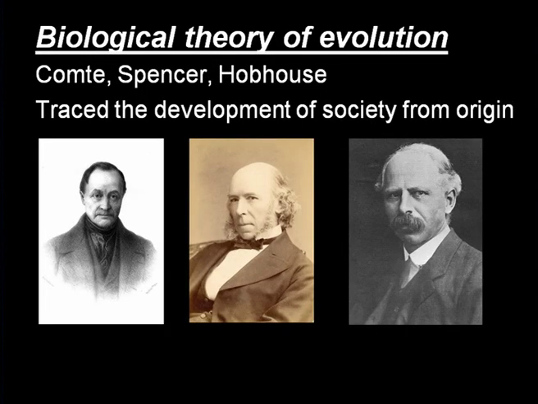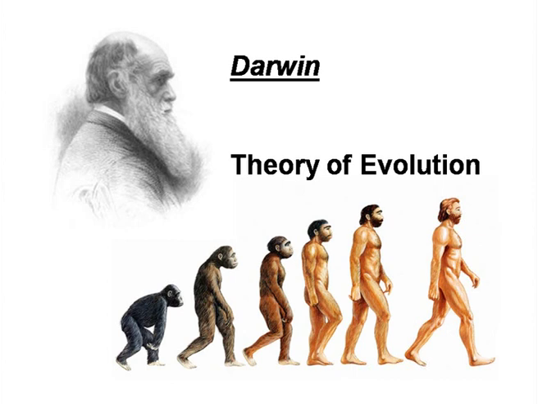The second one is biological theory of evolution. This biological theory of evolution was mostly explained by Comte, Spencer and Hobbes. This biological theory tried to trace the development of society from its origin. Actually, the biological theory has its root in the evolution theory of Darwin.